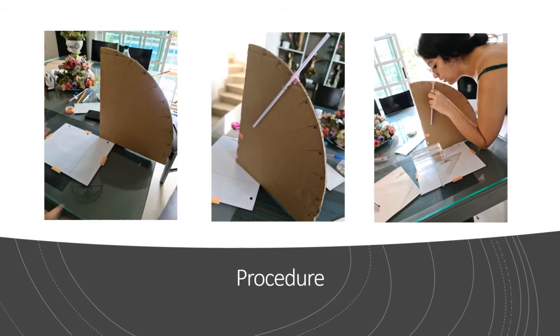The procedure of the experiment is the following. When we already have the giant protractor, we are going to use the piece of paper and draw a red line. After that, we are going to put the protractor in the same position as the red line, as in the first image.